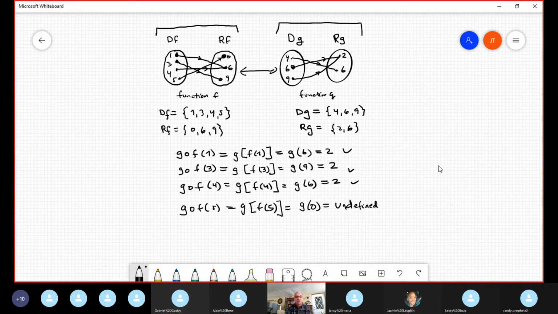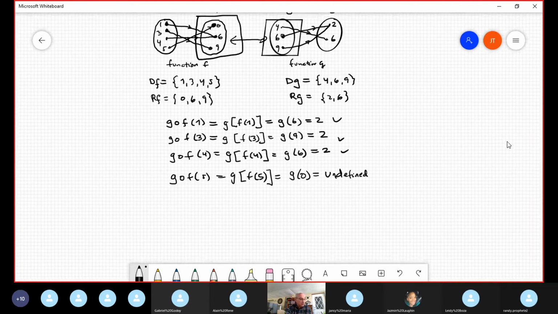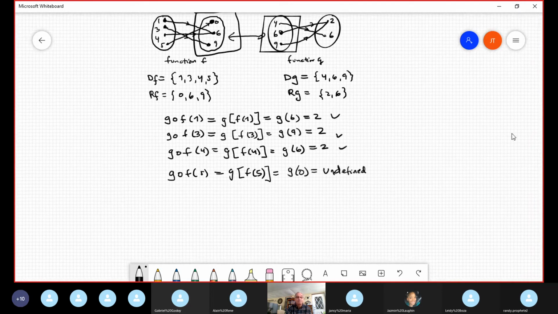So in order to find the domain of the composition, you take this set and this set in this order and form the intersection.